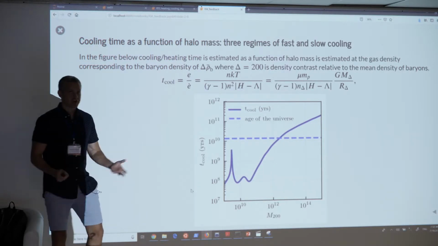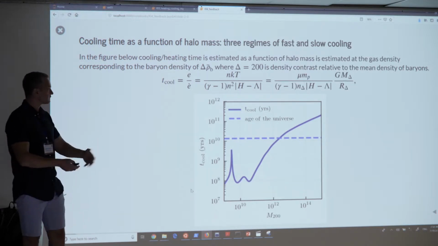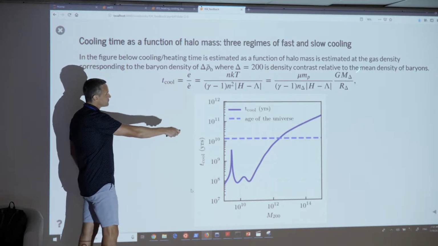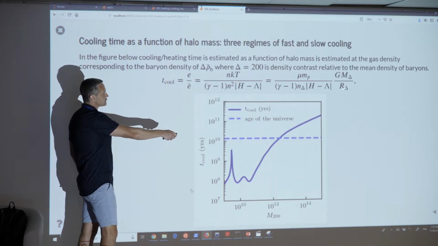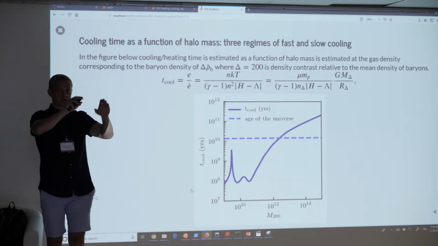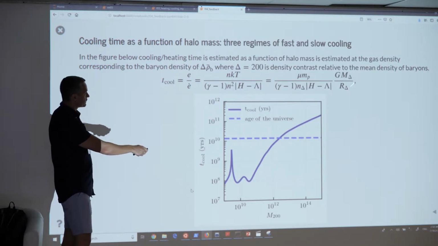And temperature does change when I go to halos of different mass, because halos of different mass have different potential depths. Potential depth is GM over r, and mass and radius are related by definition. The radius is just the 1/3 power of mass because they are related by the constant delta and the mean density of the universe. Radius is mass to 1/3, so this whole expression is mass to the 2/3 power.